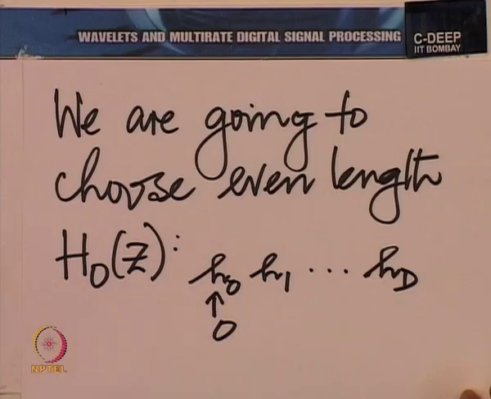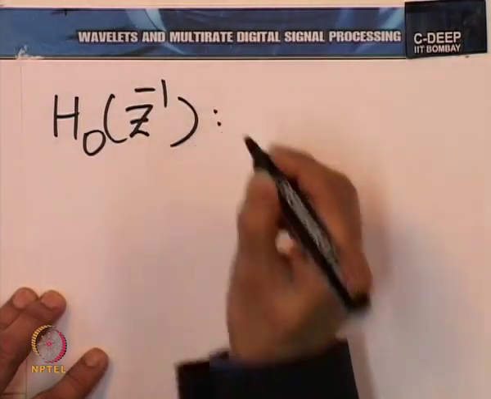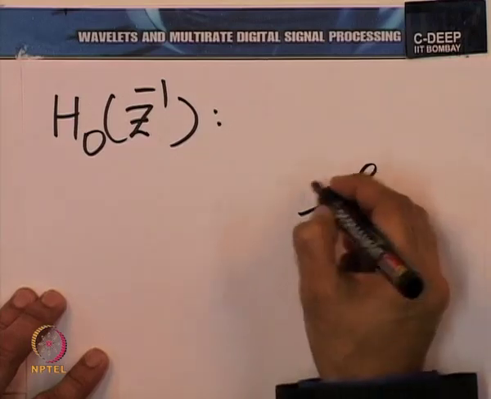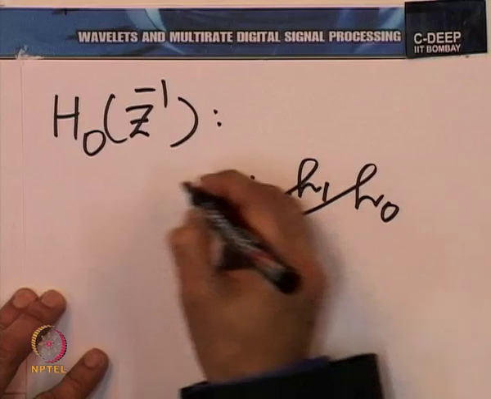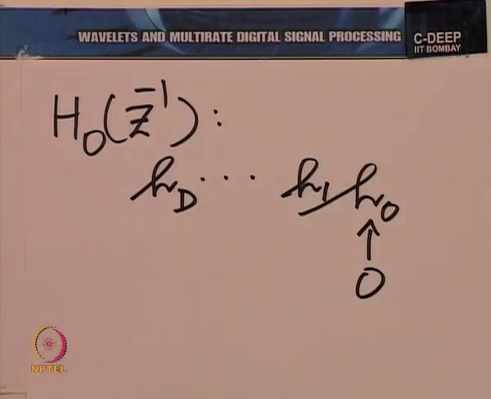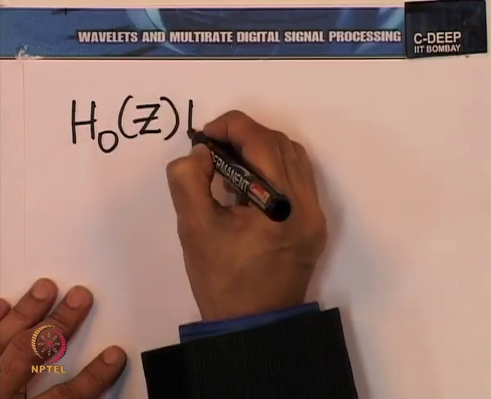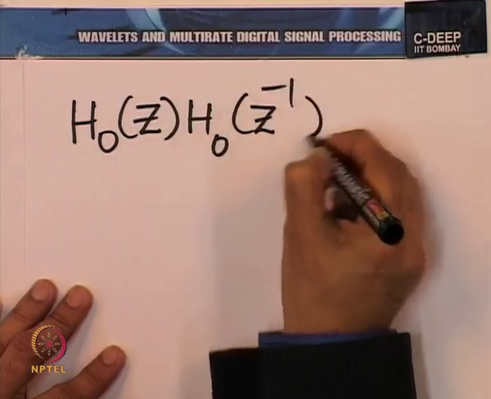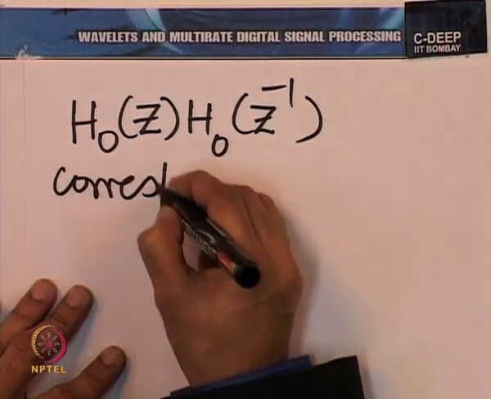And therefore, H0(z inverse) would then correspond to the following. Quite clear. When you replace z by z inverse, you are essentially reflecting the sequence about the point n equal to 0. Simple. Now, H0(z) times H0(z inverse) corresponds to their convolution.